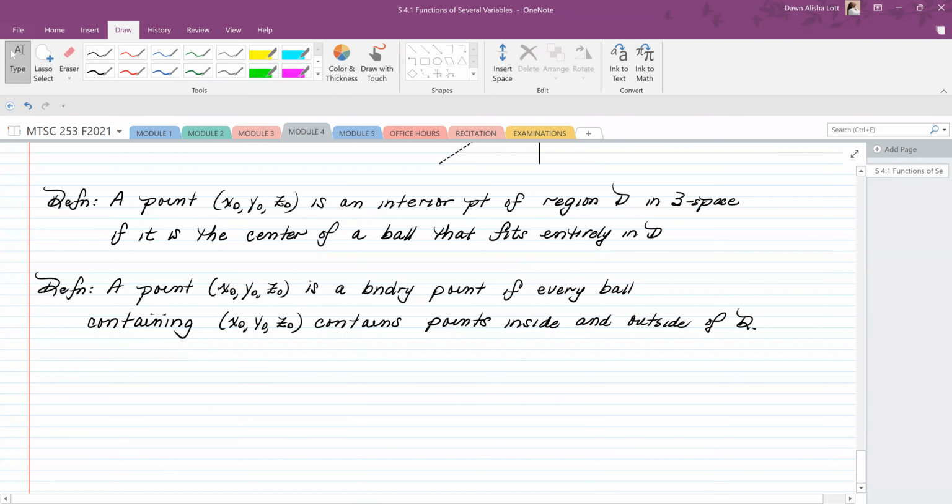Okay. All right. So now I want to talk to you about what we call level curves.